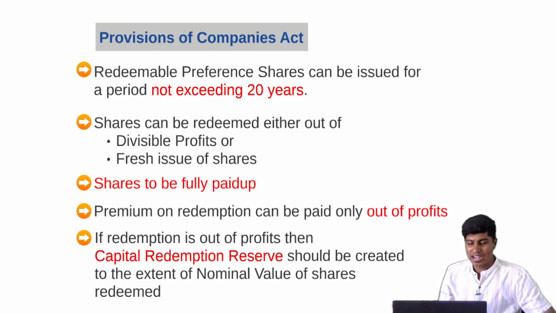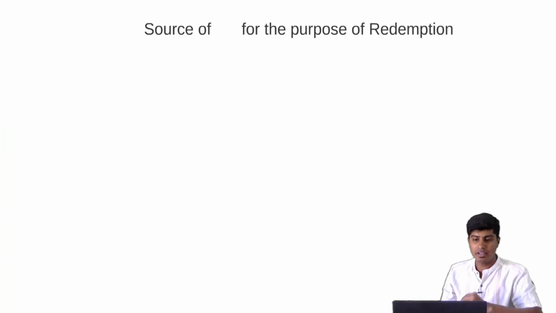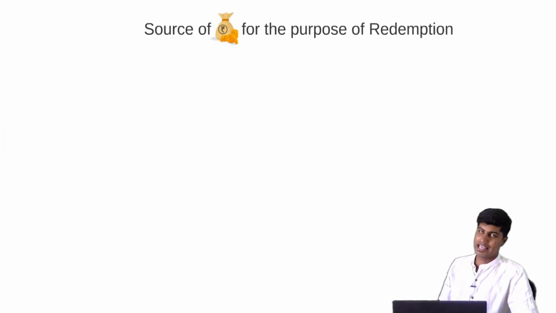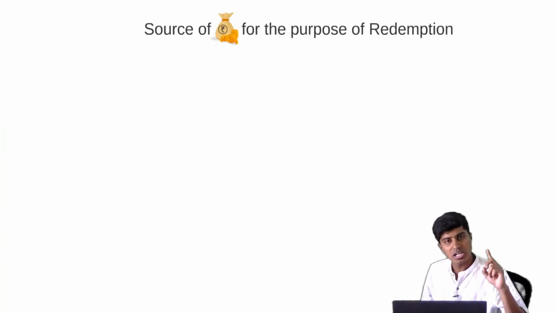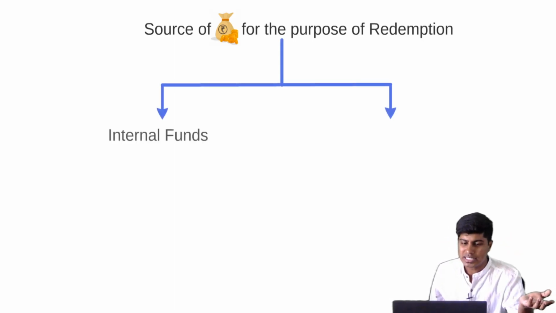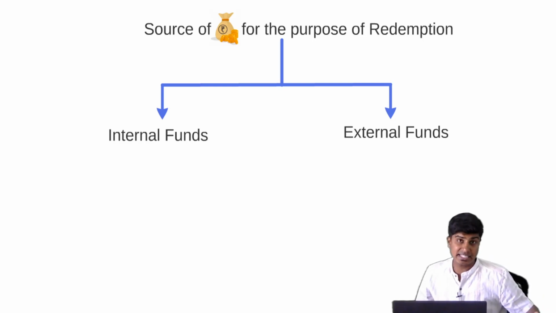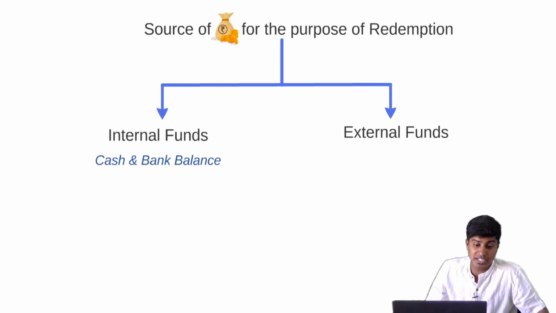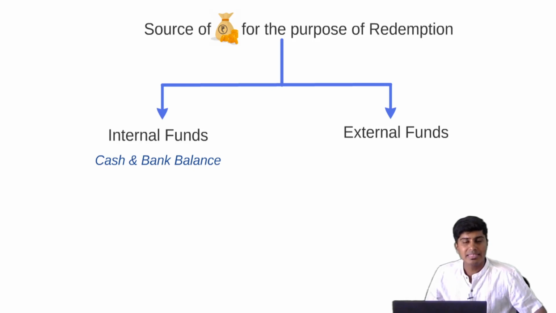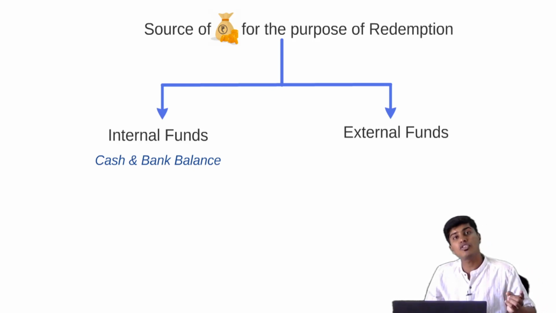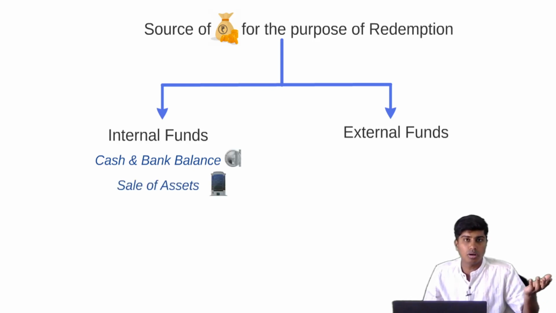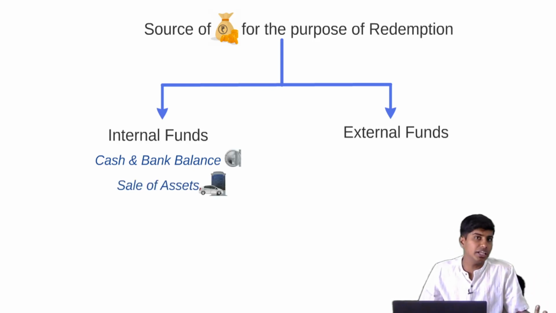Let's go forward and try to understand what the sources of money for the purpose of redemption are. As I already mentioned, there are two sources. Number one is internal source. Number two is external source. Internal funds is existing cash and bank balance if the balance sheet is very cash rich, or the money raised by way of sale of assets like building or motor car, plant and machinery, or any investments.